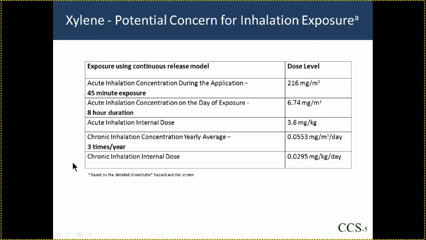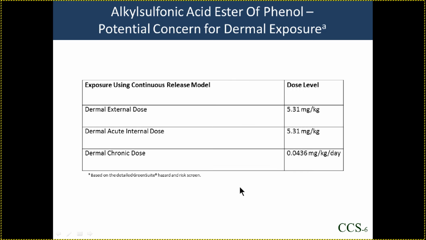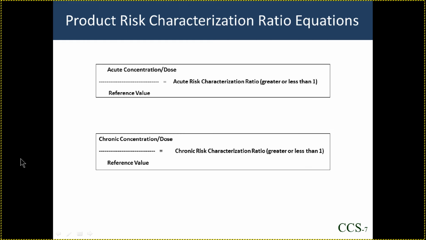And so when we put that xylene into this system module with the exposure considerations we just showed you, it automatically calculates for you the different exposure doses, and it can be an acute exposure or a chronic exposure, and the doses involved with each. Similarly, on the dermal side, the green suite selected the esterophenol as the chemical of biggest dermal concern, and so we put that into the system, and it calculated the dermal doses of exposure, as you can see here.